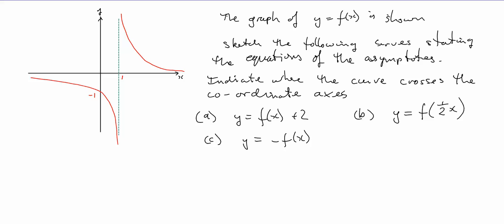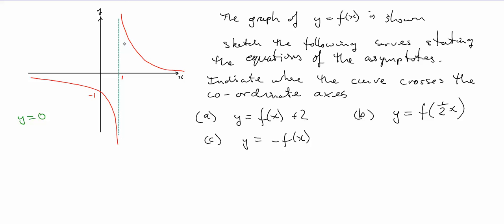So we've got y equals f of x plus 2, y equals f of a half x, and y equals minus f of x to sketch. Now, we notice that there are in fact two asymptotes on this curve. This curve has the x-axis as an asymptote, and the equation of the x-axis is of course y equals 0. The equation of the y-axis is of course x equals 0.